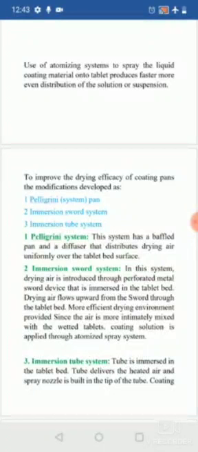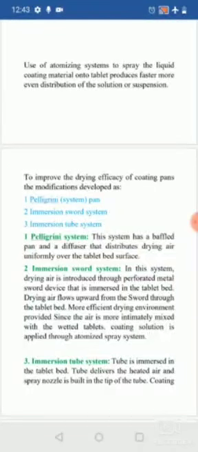It has the opening at the bottom, so you are going to introduce the air or the coating solutions at the bottom of the tank. Apart from that, the sword provides uniform rotation of the tablet bed. So these tablets are easily rotated by using that sword.